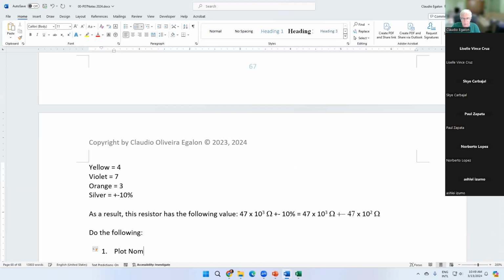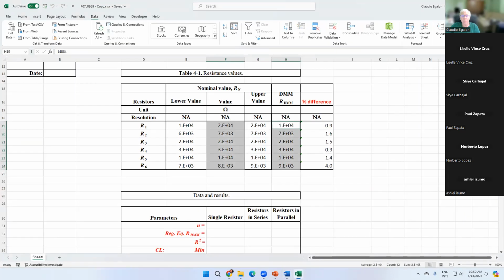Plot nominal value along the x-axis and DMM value along the y-axis. Table 4-1. That's the first thing you gotta do.